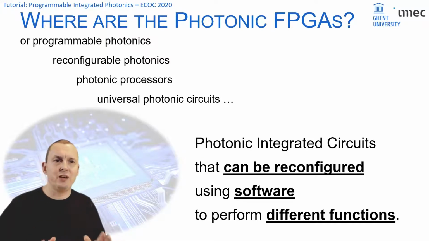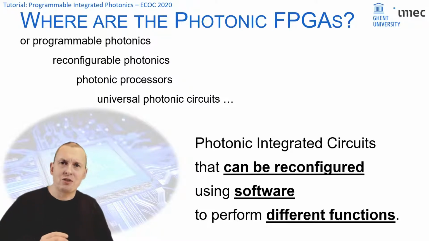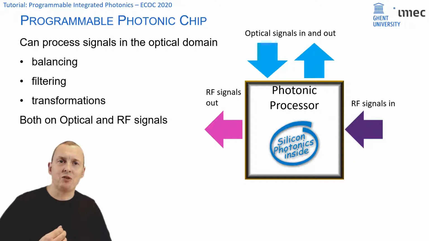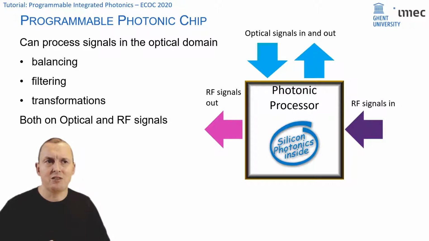And all of these three elements are important. So what would such a photonic processor look like? Well, as a black box, it essentially takes optical signals going in and out, but it can also process high-speed electrical signals or microwave signals, because optics has a massive bandwidth and is really good for filtering and frequency conversion of this kind of high-speed signals.